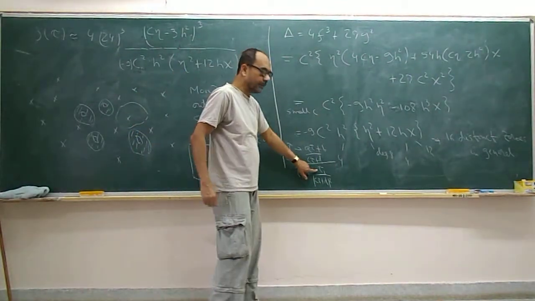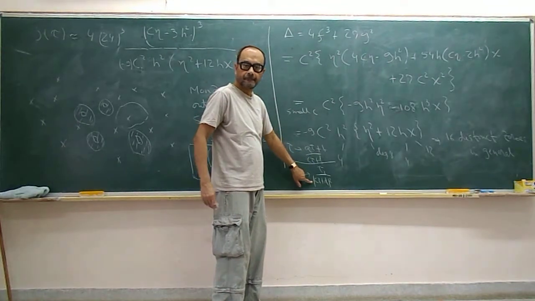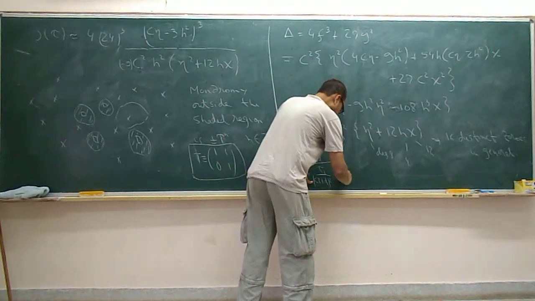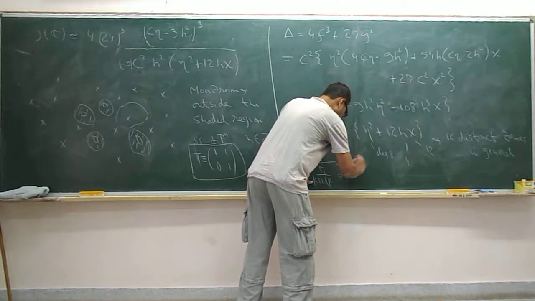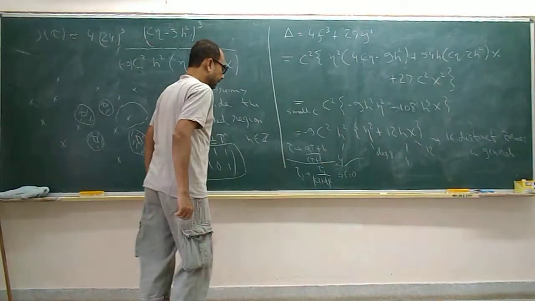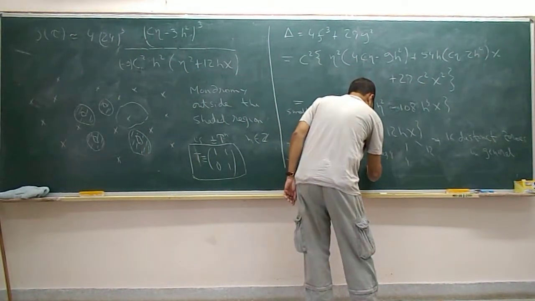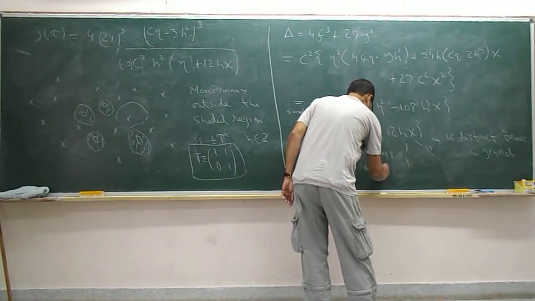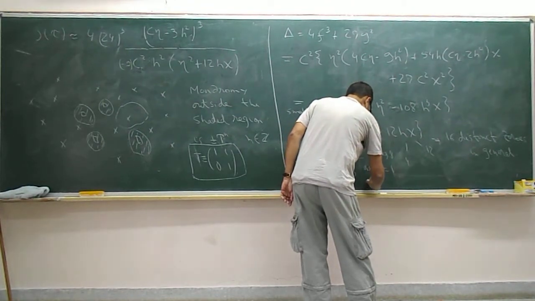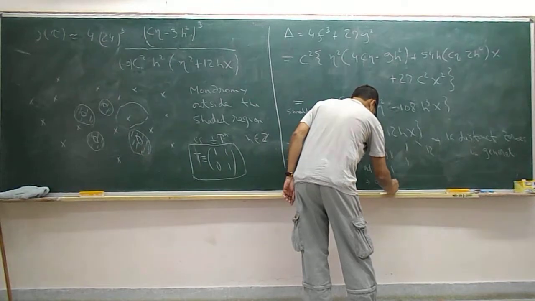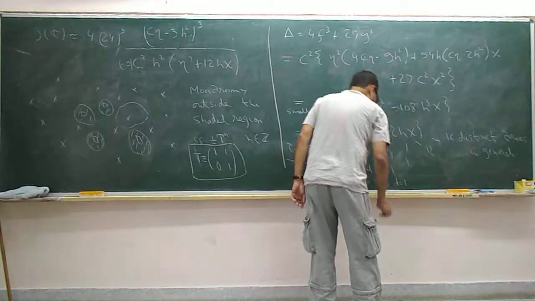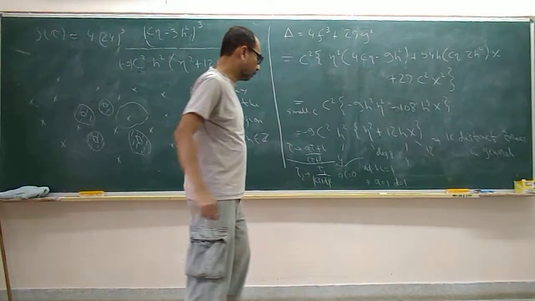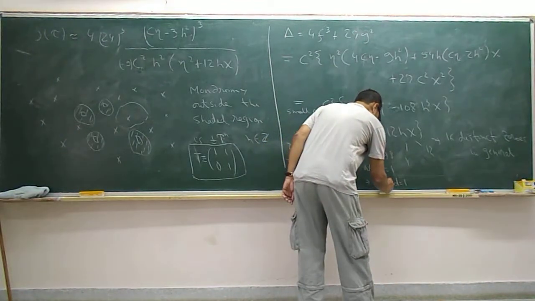So if tau 2 has to remain large, then C should be 0. And if C is 0, then AD minus BC equal to 1 tells us that A and D must be plus or minus 1.